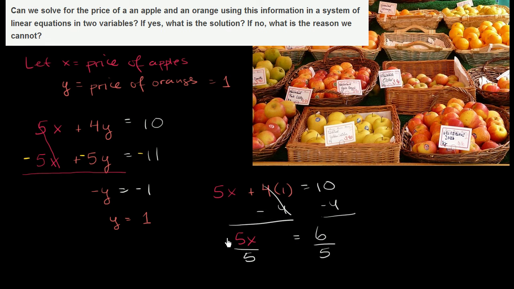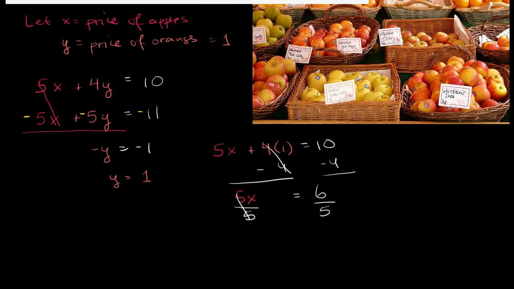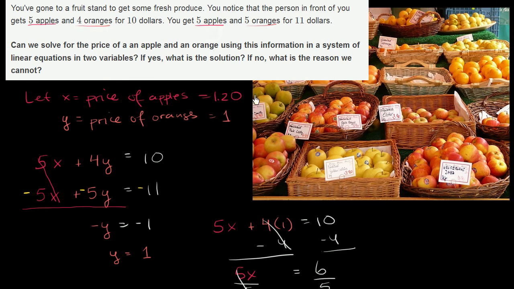So dividing both sides by 5, we get x is equal to $6/5, which is the same thing as 1 1/5, which is the same thing as $1.20. So it's $1 per orange and $1.20 per apple. So we absolutely could figure out the prices of apples and oranges using the information given.